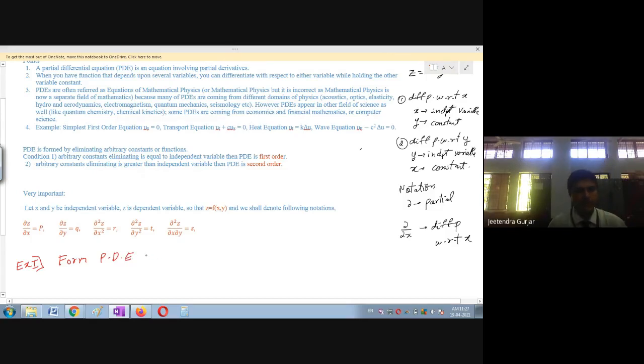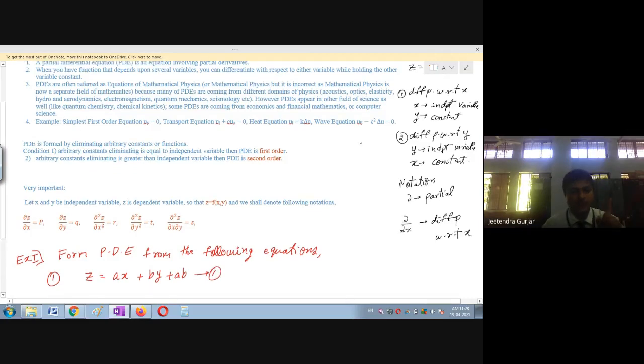Partial differential equation, from the following. Let us see one by one how we are going to form the following partial differential equations. Write it down. First one: z is equal to ax plus by plus ab. I will keep this as equation 1.